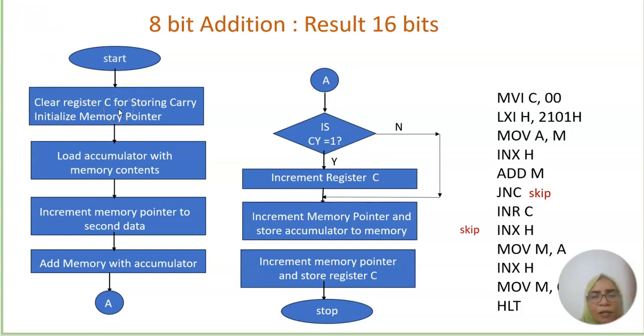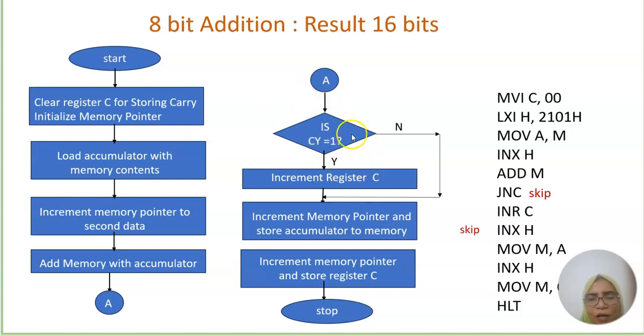Since the input data and the result are in consecutive memory locations, we have to initialize the memory pointer at first, which points to the first data. Then load the accumulator with the memory contents, since one of the data is to be kept in the accumulator for the addition operation. Then increment the memory pointer to the second data. Now we can add memory with accumulator.